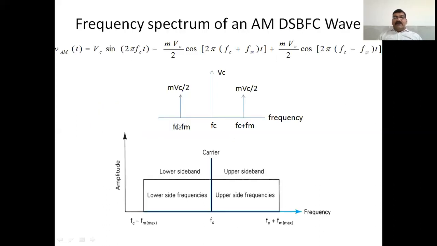Now this FM is not fixed. FM is the maximum frequency. There is always deviation from FC to FM on this side and this side, because as I speak, the frequency is changing, and my modulating signal is changing.